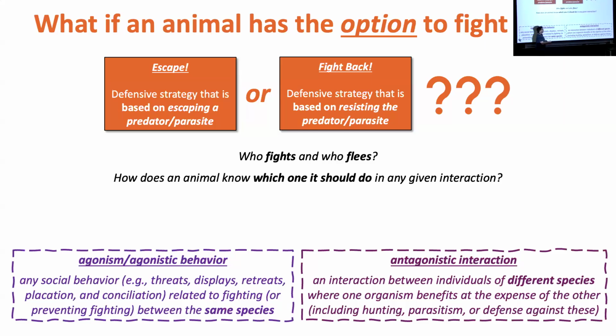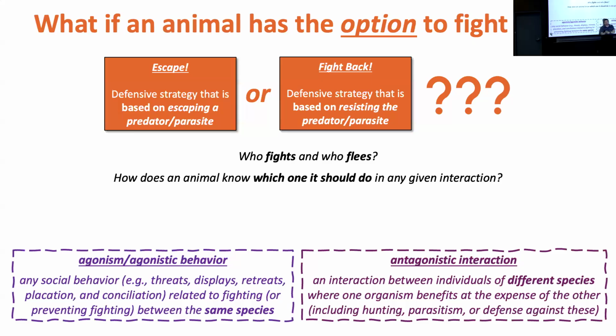And that's very different than antagonistic, because that's an interaction between different species where one organism benefits at the expense of another: hunting, parasitism, defense against these. If you're hunting, violence might be involved in hunting. That makes sense. There are trophic reasons for that. Within species, violence is a little weirder because you usually don't eat within species.